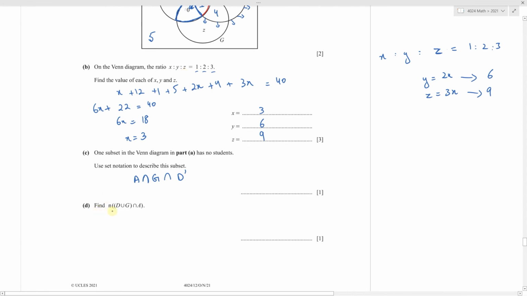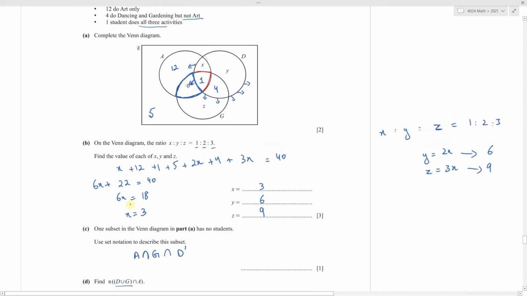Part D is find number of students in D union G intersection A. So let's first look at D union G. Let me erase this.